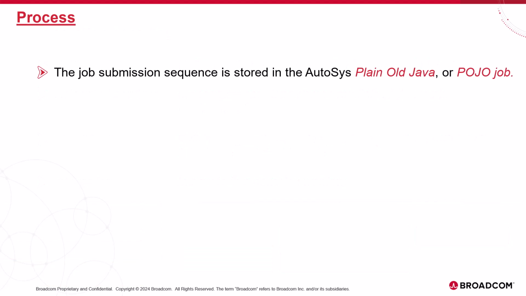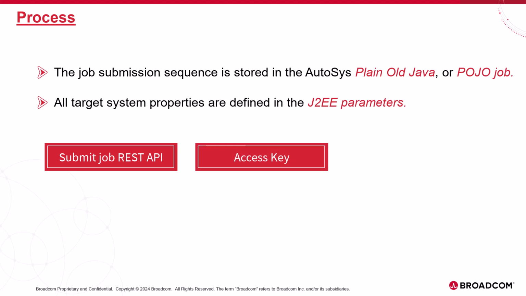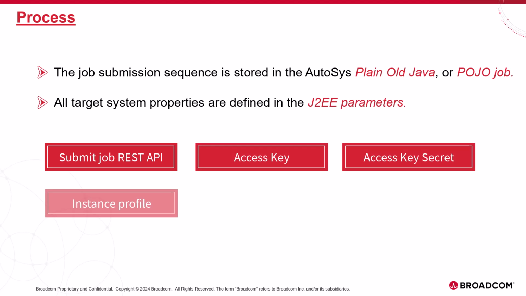The job submission sequence is fairly simple because all job definition properties are stored in the AutoSys plain old Java, or POJO job. All target system properties are defined in the J2EE parameters, the AWS Batch endpoint, which is the submit job REST API, access key secret, instance profile, and so forth, depending upon different authentication.